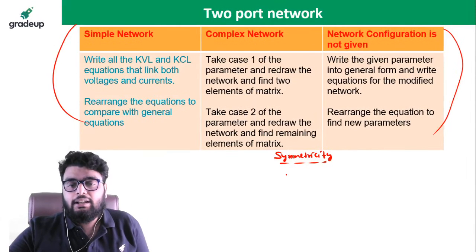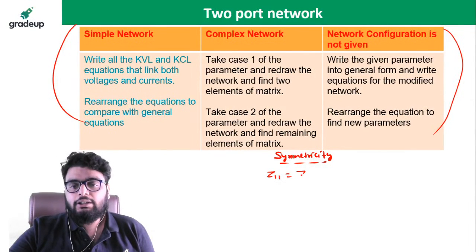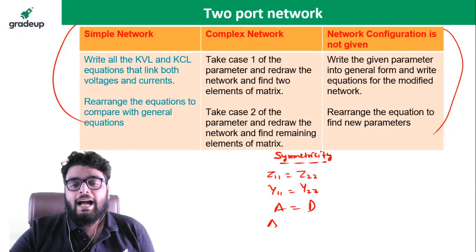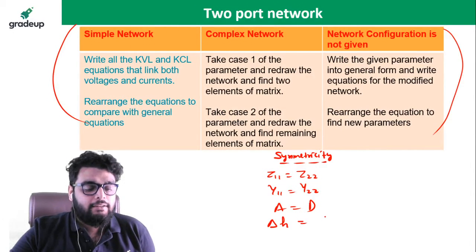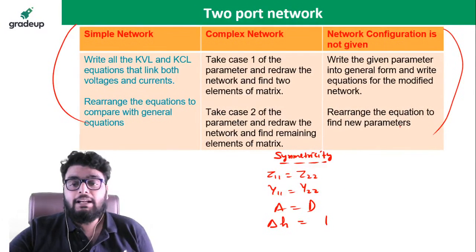We discussed in the last class that Z11 is equal to Z22, Y11 is equal to Y22, A is equal to D, and the determinant of H parameter is equal to 1. Similarly, for reciprocity, we have discussed in the last class. So what are the conditions here?